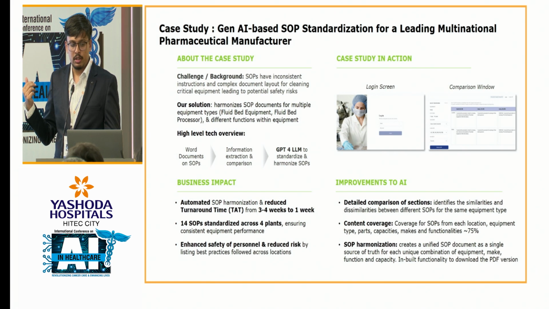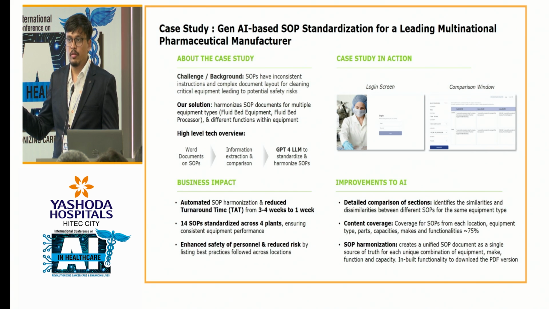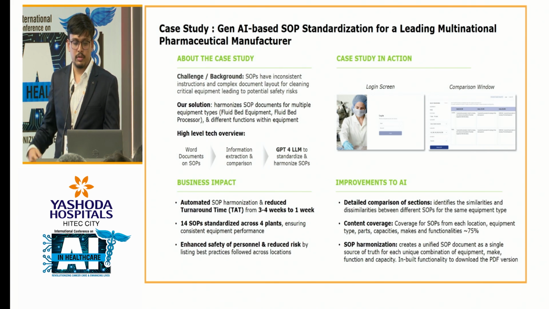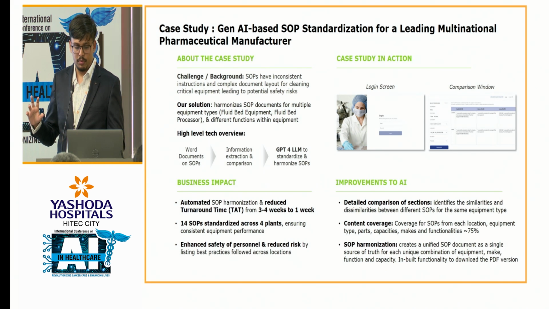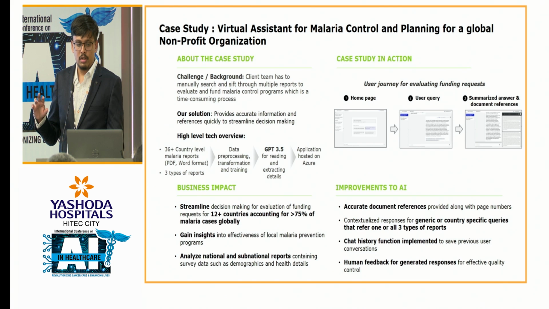This is SOP standardization. Again, this is for a pharmaceutical manufacturer where different plants have different SOPs with inconsistent structures. We use GenAI to combine all of them into one standardized format. And this is a virtual assistant for malaria control.